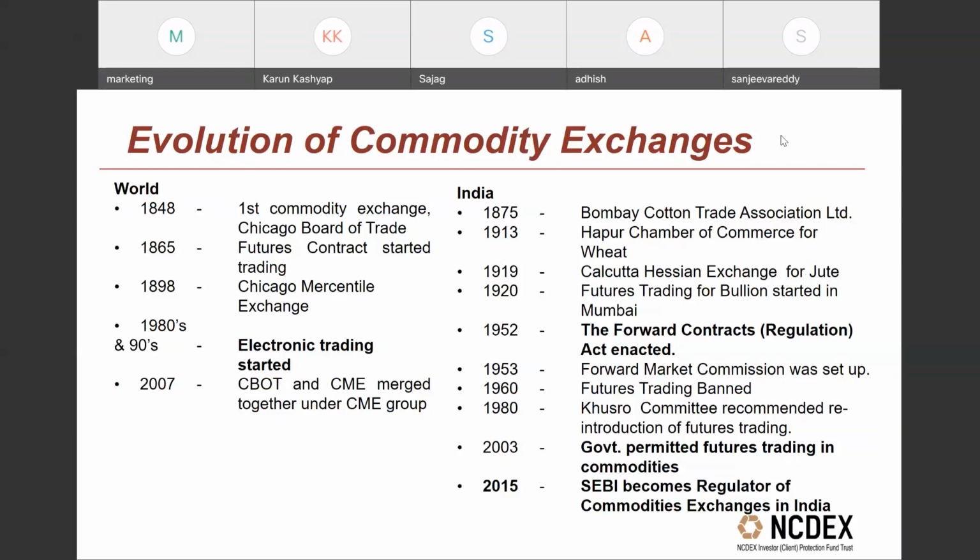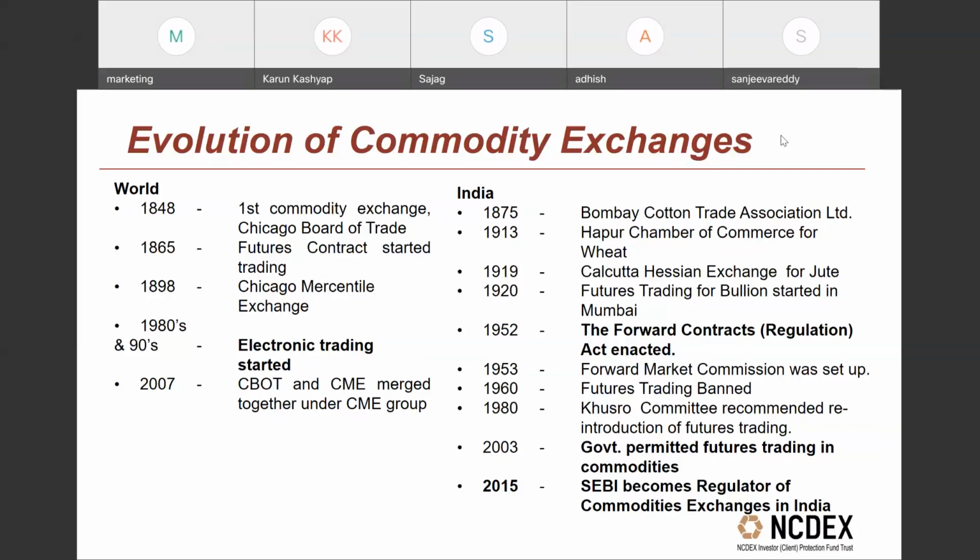So commodity derivative has a long history, and even in India in the 19th century there were prominent commodity exchanges like the Bombay Cotton Exchange and Hapur Chamber of Commerce for wheat and oil. A lot of trading used to happen earlier in the commodity derivative market.